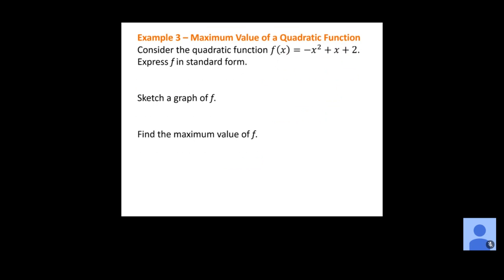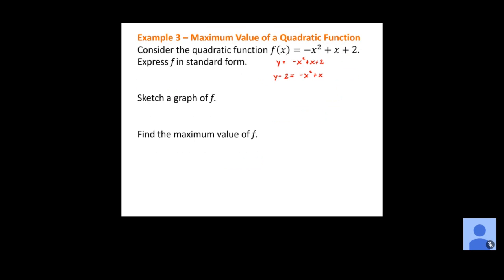All right, so now we're going to look at this function, negative x squared plus x plus 2. Again, the first step is we're going to put it into standard form. So I'm going to rewrite this as y equals negative x squared plus x plus 2. I'm going to move my 2 over, so y minus 2 equals negative x squared plus x.